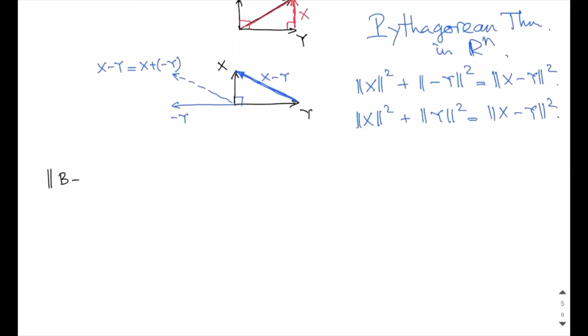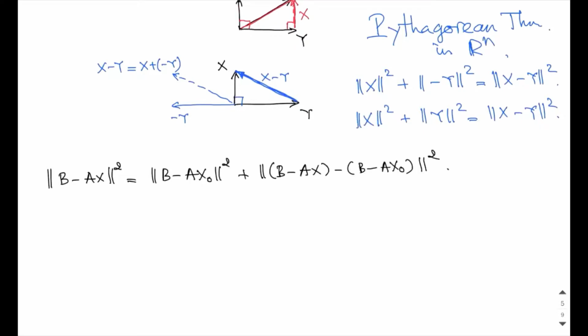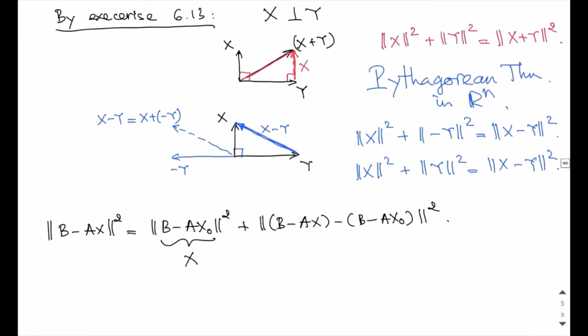So b minus Ax is going to be the sum of b minus Ax0 squared plus the difference between them, right? So this is going to serve like the vector x, this is going to serve like the vector y, and this is going to serve like the x plus y.